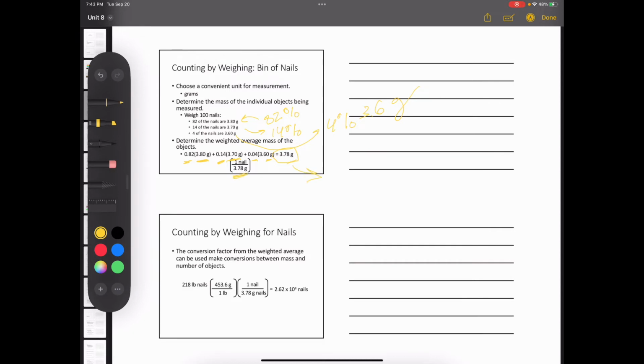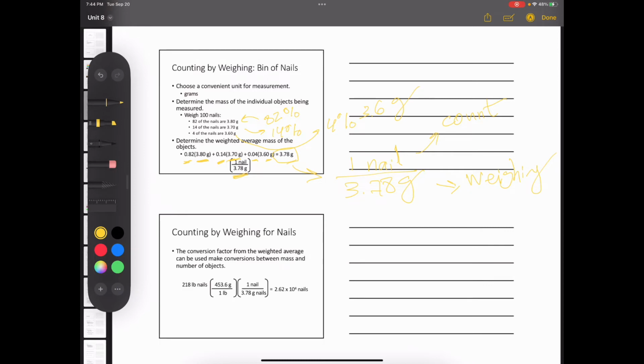So essentially what I did, I created a conversion. My conversion is every one nail will have a mass of 3.78 grams. My conversion indicates a relation between count and weighing.